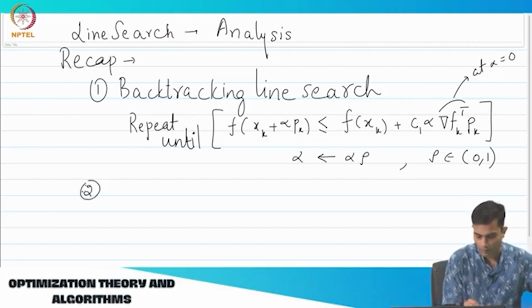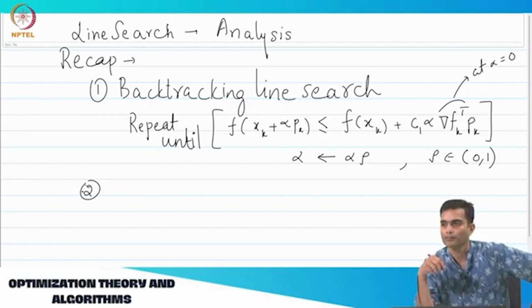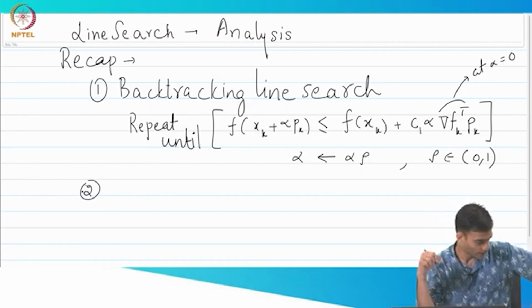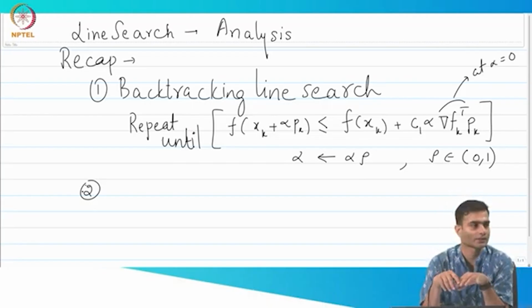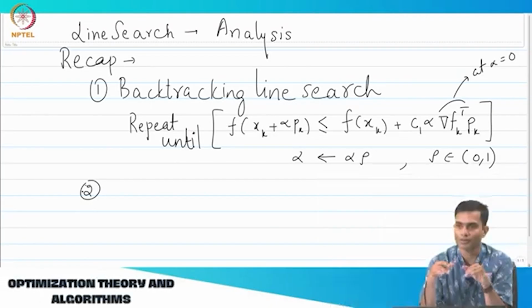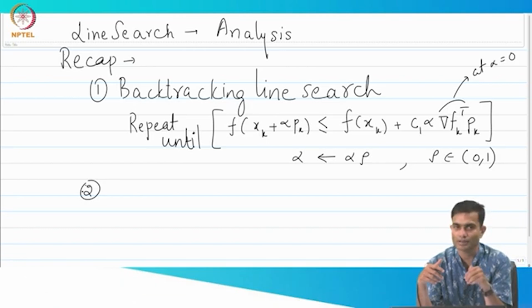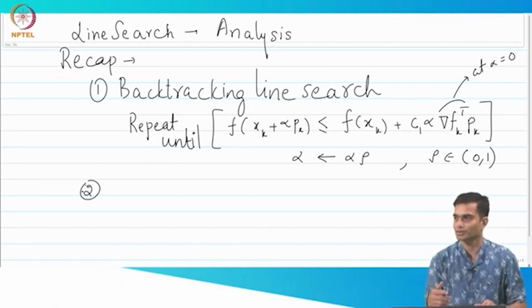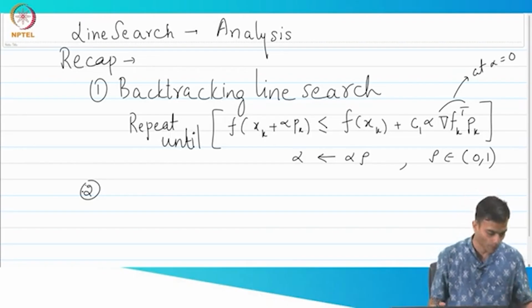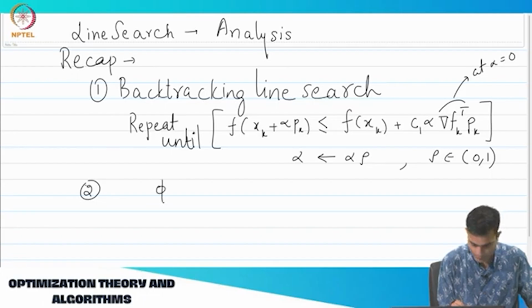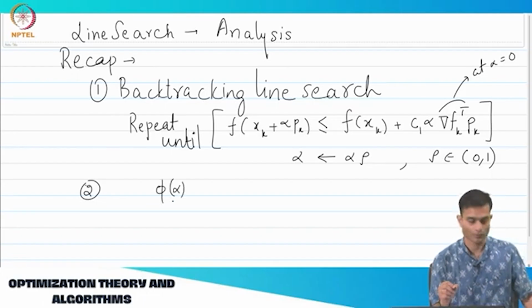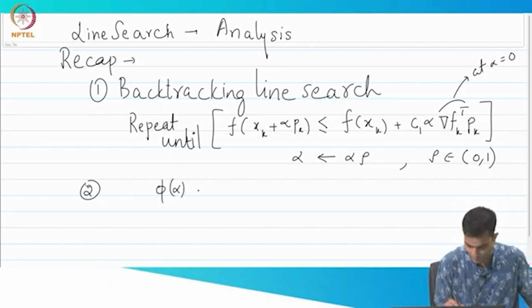Now, if you look at the optimization literature, there are lots and lots of different tricks that people have tried instead of backtracking line search. I'm going to give you just one more example, which I referred to just a few minutes ago, of another trick which people will do. Let us say that phi of alpha, we all know what phi of alpha is.